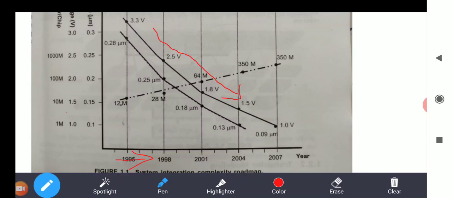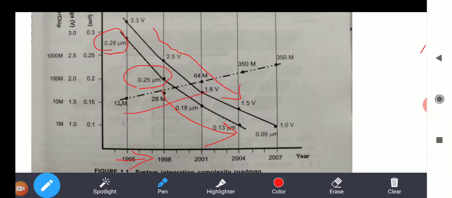When years are increasing, the supply voltage and power consumption are reduced. In the same way, channel length is 0.28 here, next 0.25, in 98, 2001 0.18, 2004 0.13. Here channel size is reducing.